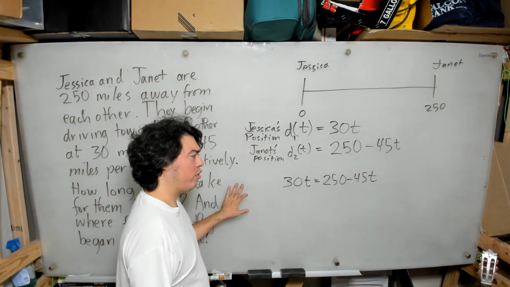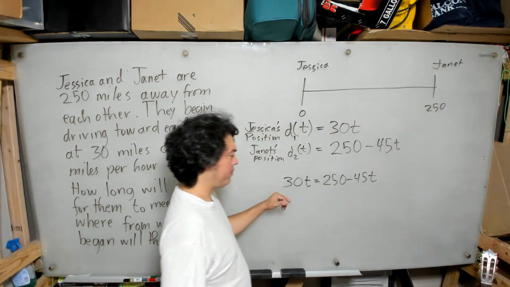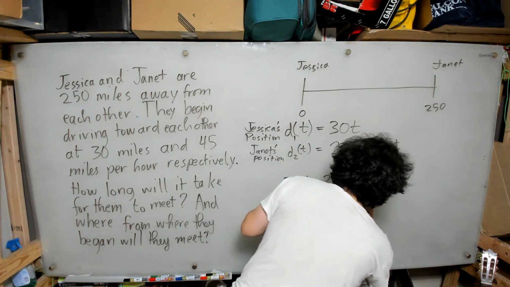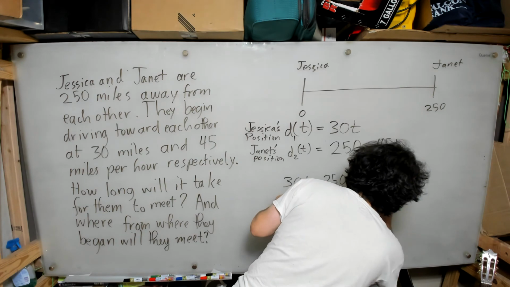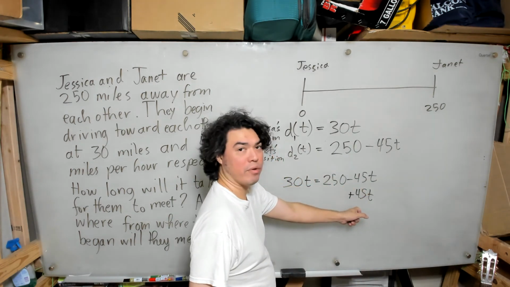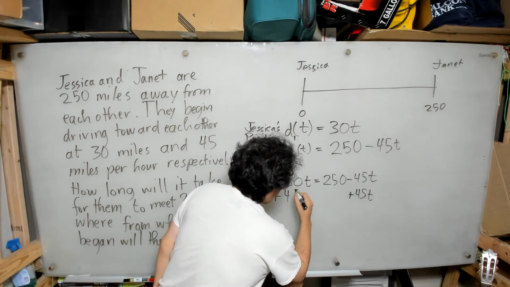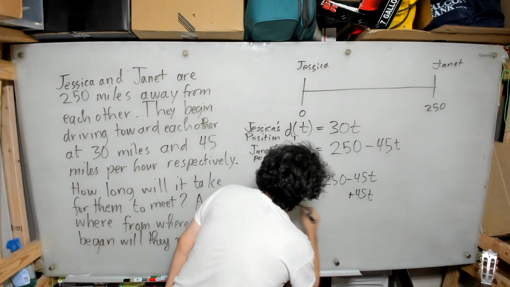Now, in order to solve this, I need to bring this 45T to this side. Since the 45T is being subtracted here, I have to add it to get rid of it on the right hand side. But whatever I do to the right, I have to do to the left. So I add 45T to this side also.